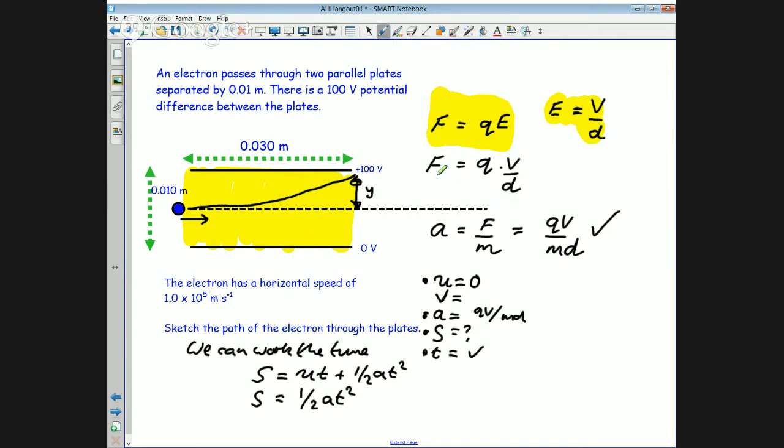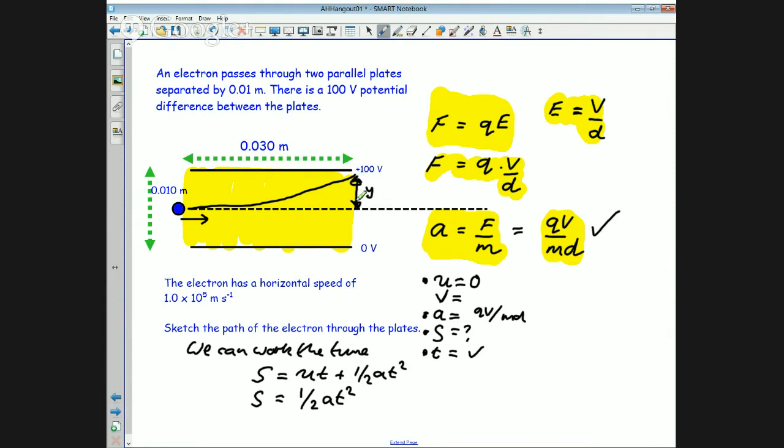Put the two of them together, F equals QV over d. So now we've got the force. To find the upward acceleration of the charged particle, we just simply use acceleration equals force divided by the mass. And that turns out to be QV over md.